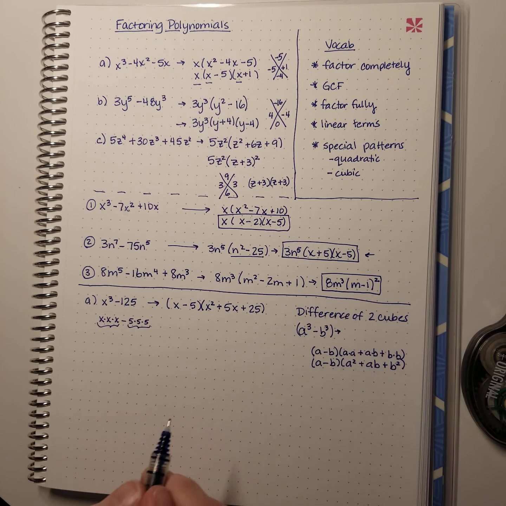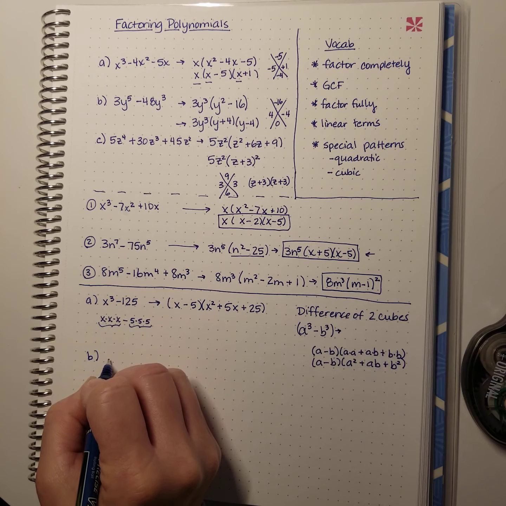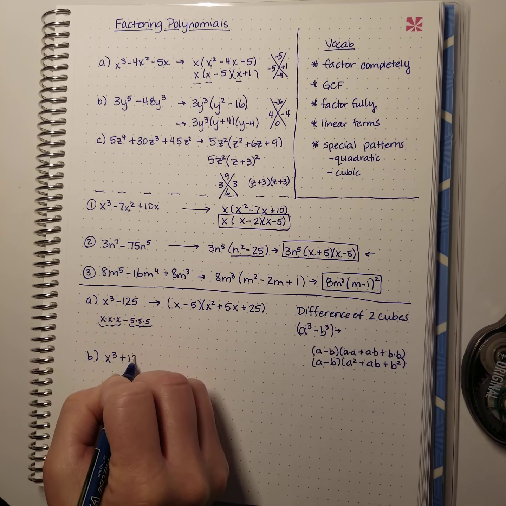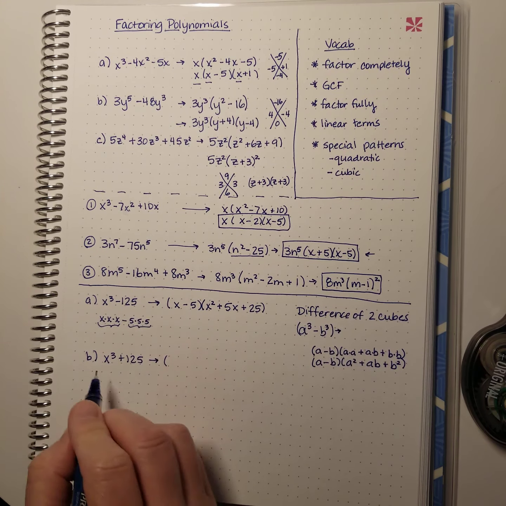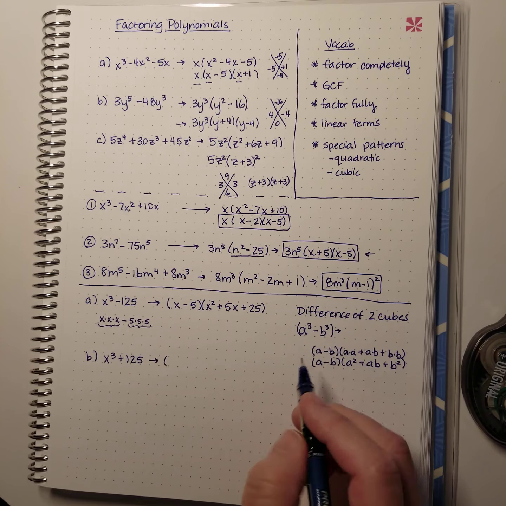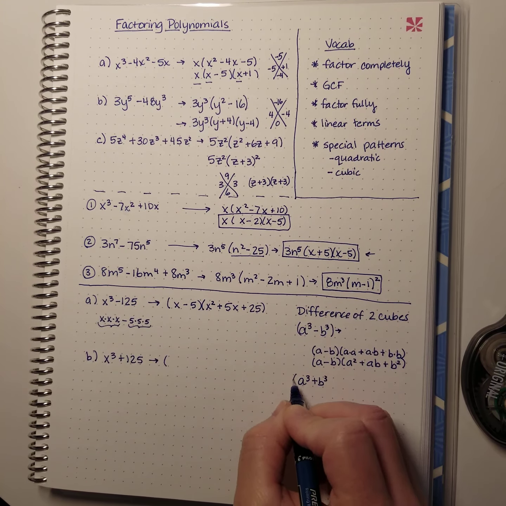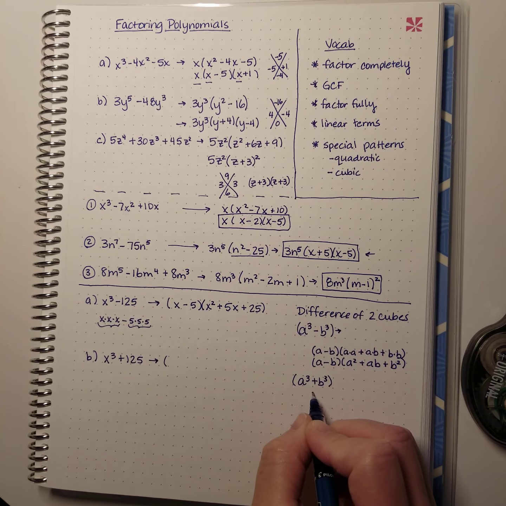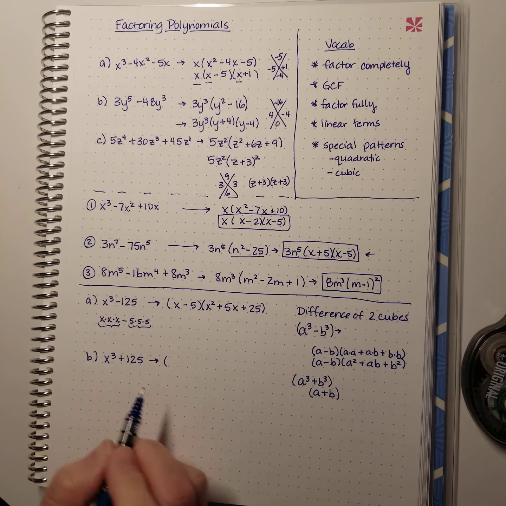Now let's do the sum of 2 cubes. So I'll just do the same one, x cubed plus 125 instead of minus, so you can really see the difference here. This time we're going to do that same pattern. The only thing that really changes is the signs that we use. So this is going to be an a plus b, so it's x and 5.